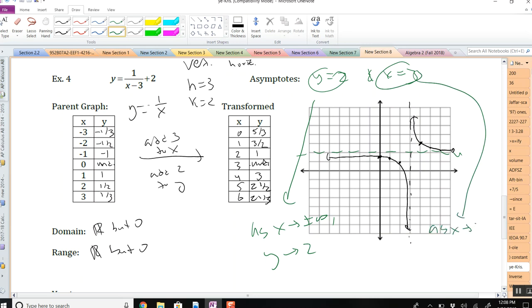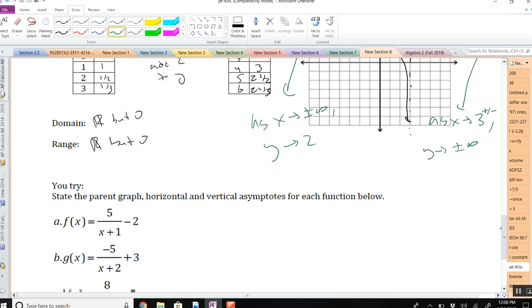As x approaches 3 from the right or the left, I put a little superscript as plus or minus, y is approaching positive or negative infinity, which is very true. If I get very, very close to 3, like if you're putting 3.1 or 2.9 or 2.99 or 3.101, you're going to notice that y is getting bigger or more negative. That's the real reason why. That's what we have to look at.